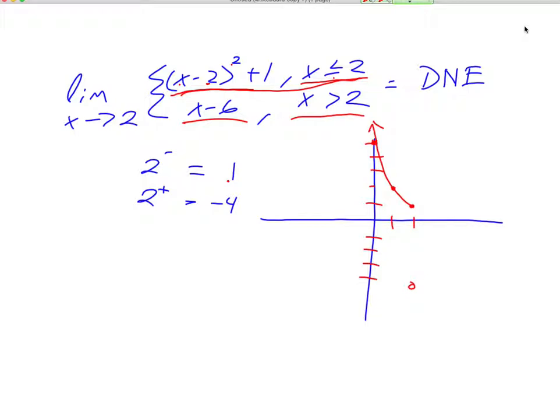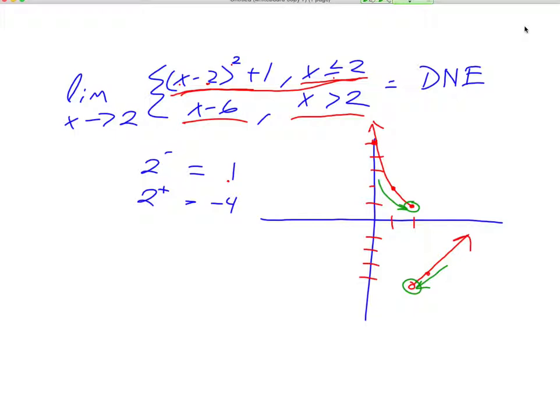What do I know about this line? It has a slope of 1. So if I go up 1 and over 1 and then draw it, that's what we're dealing with. So from the left, we were headed towards 1. From the right, we were headed towards negative 4, just like we said.